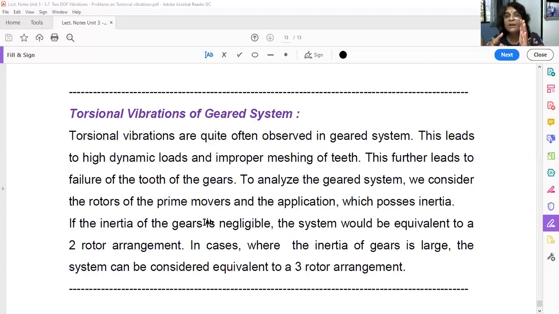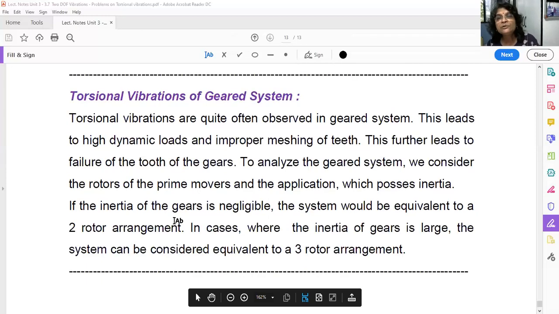But that is not for your syllabus, as I told you. Now if the inertia of the gears is very small compared to these 2 rotors, that is the motor and compressor or pump, then this will become a 2 rotor system because the inertia of the gears is negligible. Though there are actually 4 rotors, pinion, gear, motor and pump, this will become equivalent to a 2 rotor system because we are neglecting the inertia of the gears.